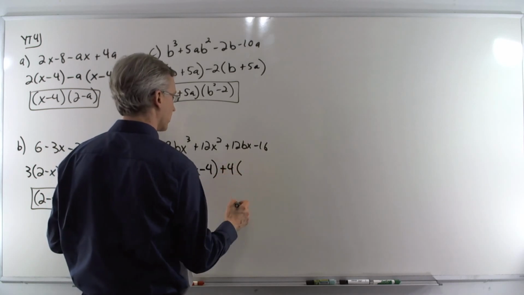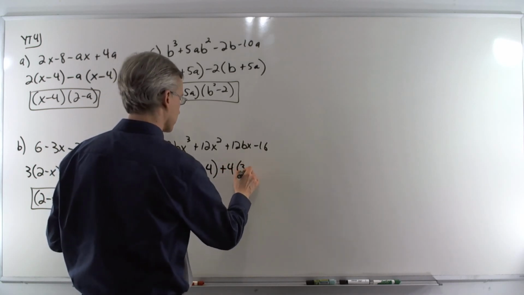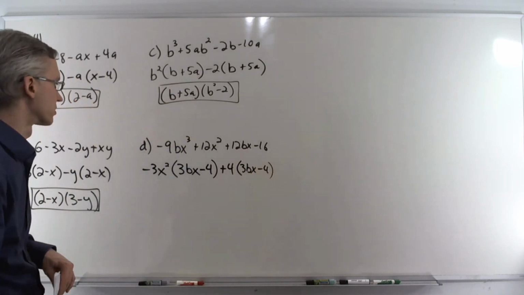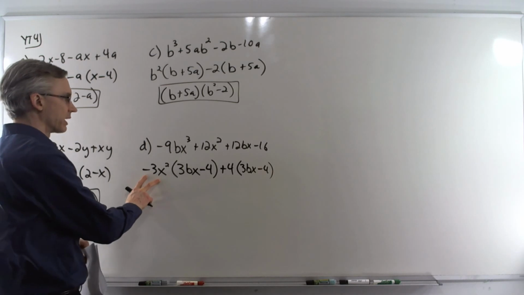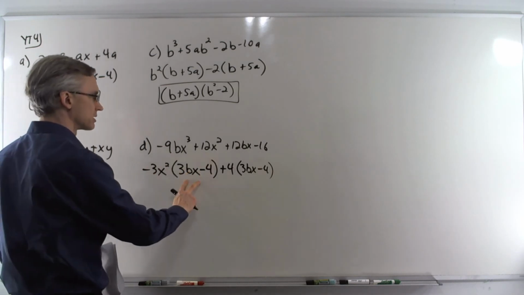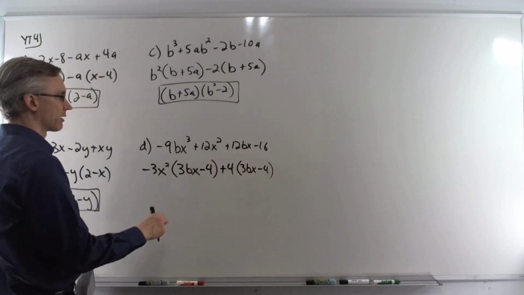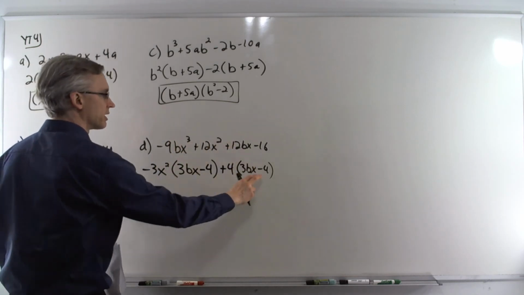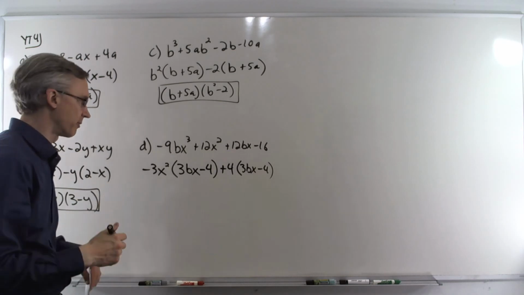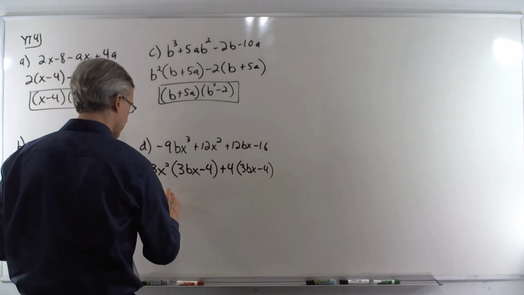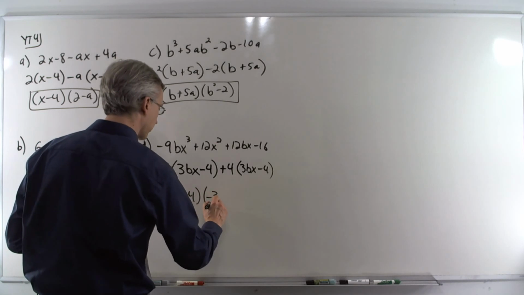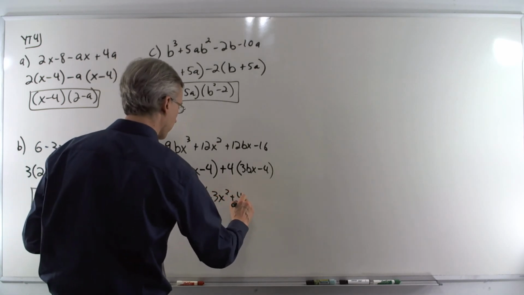And that gives us 3bx minus 4. So here, by factoring out a negative in the beginning, I end up switching these signs to match these. So it doesn't really matter if you get these signs to match these or these signs to match these, as long as you get matching binomials. It's all that matters. Last step, 3bx minus 4 times negative 3x squared plus 4.